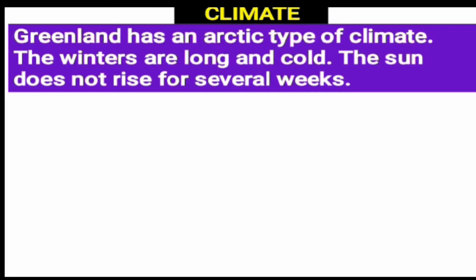Climate. So what type of climate shall we experience in Greenland? Greenland has an Arctic type of climate. So what is this Arctic type of climate? The winters are long and very cold. The sun doesn't rise for several weeks.